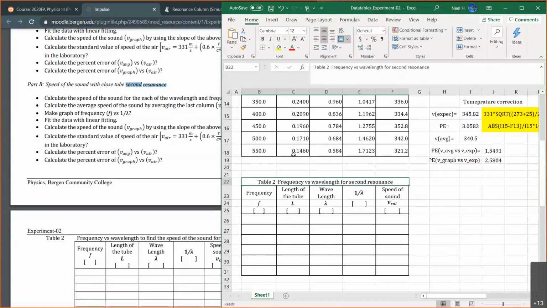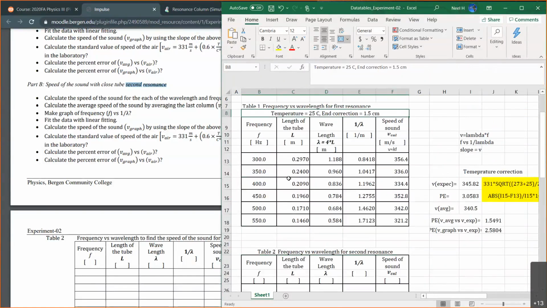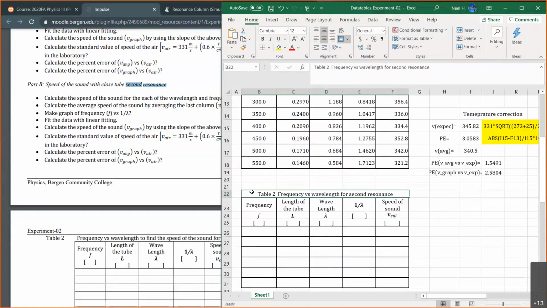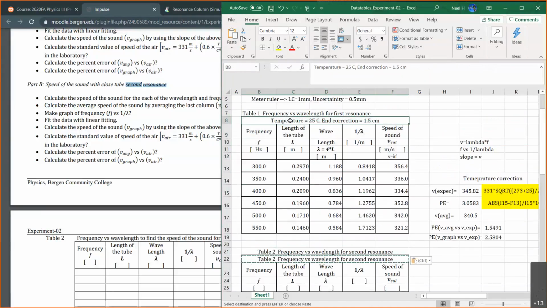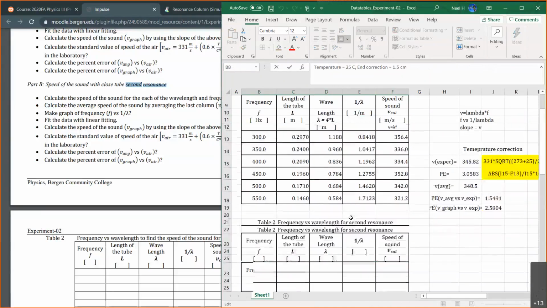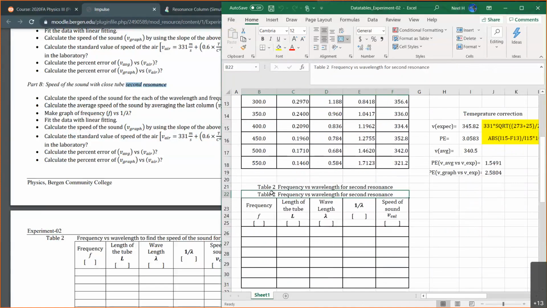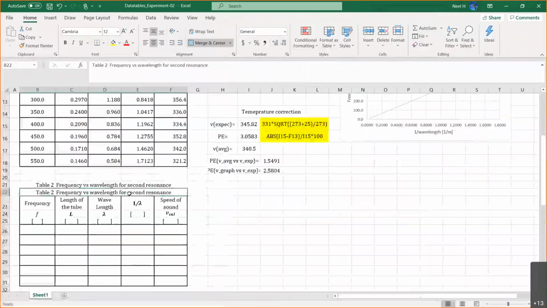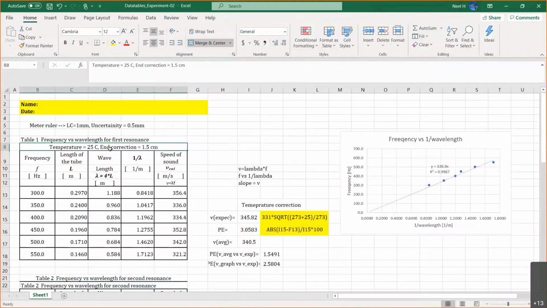And this one also we need that information, right? Temperature and the end correction. So it's better you include that information here. That's going to be about the same. We're going to use the same temperature, same end correction. There's nothing new. So make sure you include that information from here.